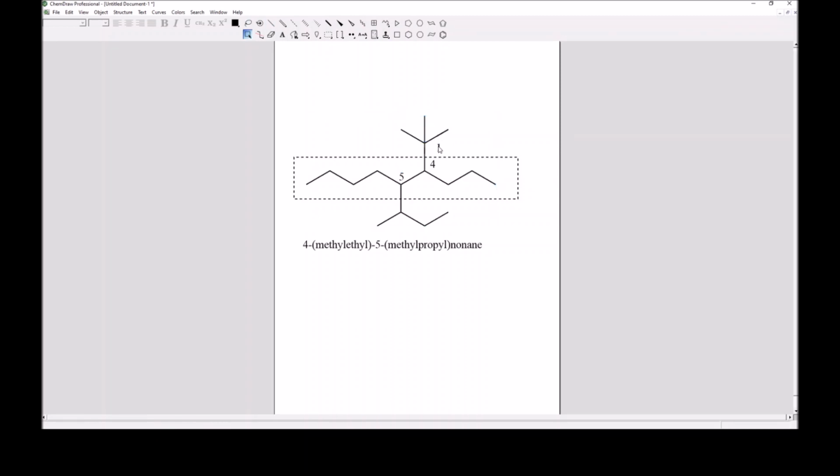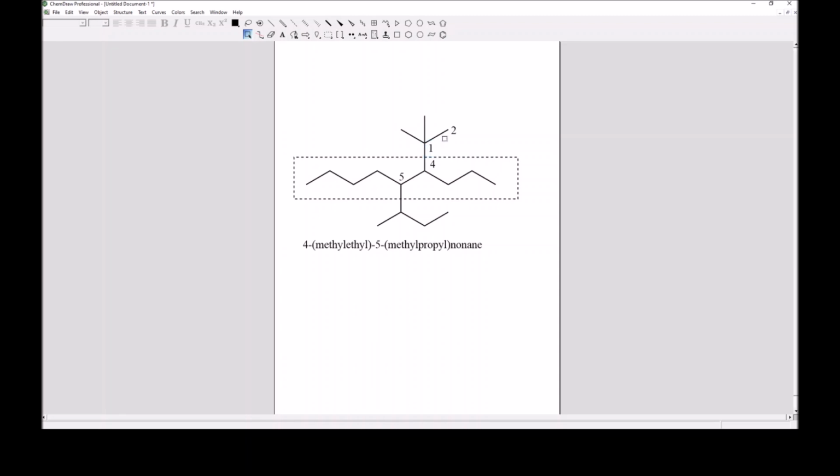So if you look at the 4th carbon right here of the parent chain, and then count directly out from that 4th carbon, you have the 1st carbon is here. The 1st carbon is always the carbon that is directly connected to the parent chain. And then the 2nd carbon is moving out from that 1st carbon. So this is the 1st carbon right here, and this is the 2nd carbon right there.